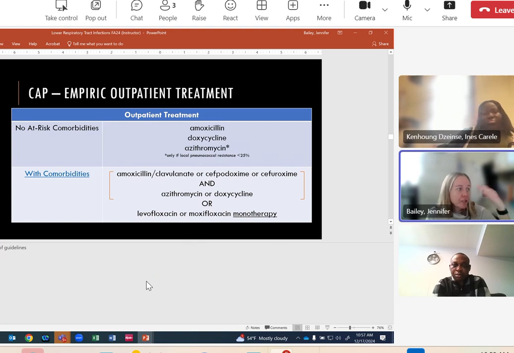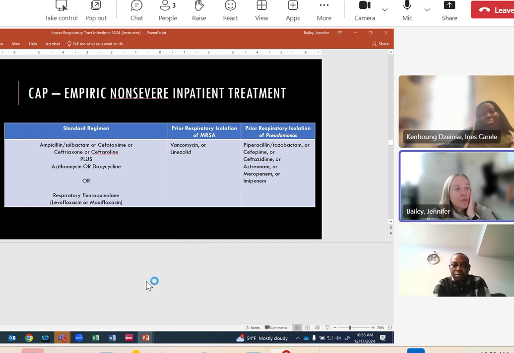Okay. So each of those have different tables or treatments. So this is the treatment algorithm for non-severe, meaning the floor patients. Okay, the more stable patients. The standard regimen is once again a beta-lactam plus either azithromycin or doxycycline.